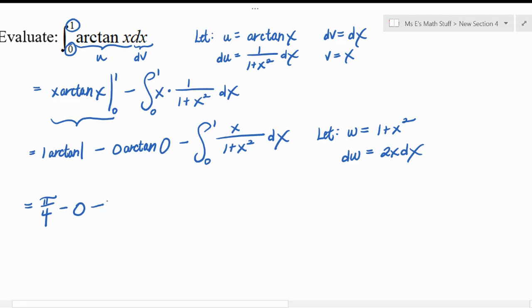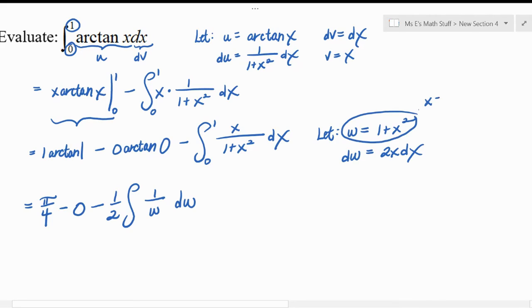All right, let's see. Now let's talk about this integral in terms of w. So x dx is worth half of a dw. So I think I'm going to pull the 1/2 out front. And I don't want to back substitute in terms of x for this one, so I'm just going to change my bounds. So if x was 0, go back to this relationship here.